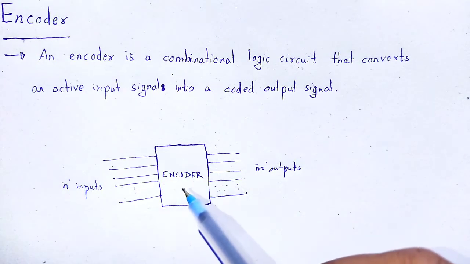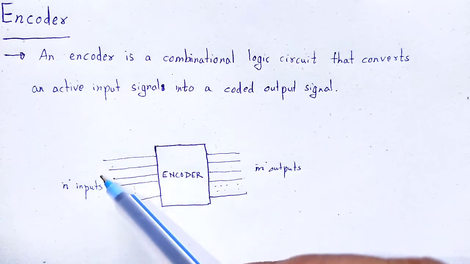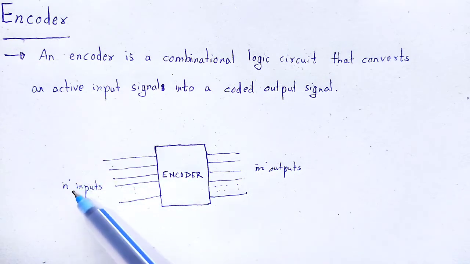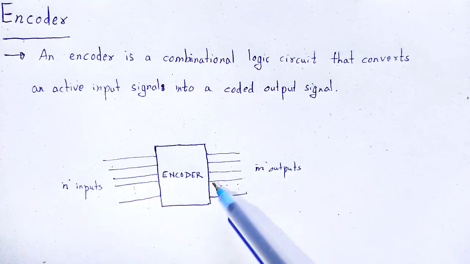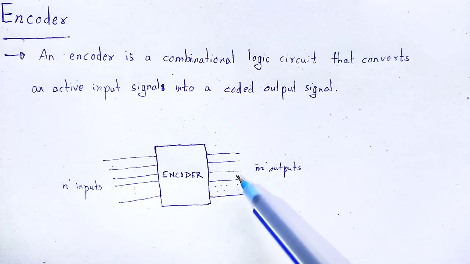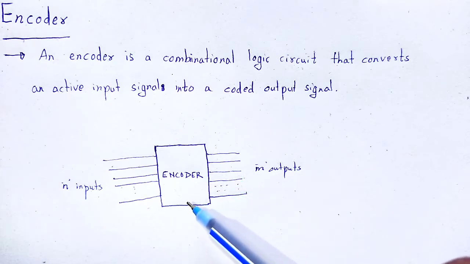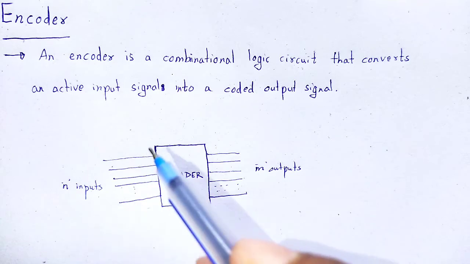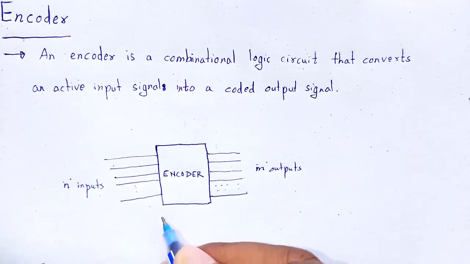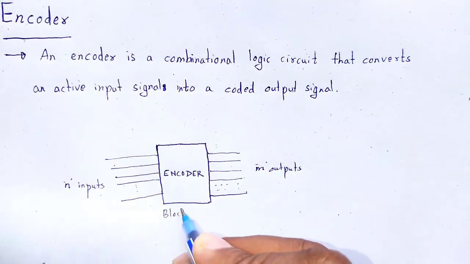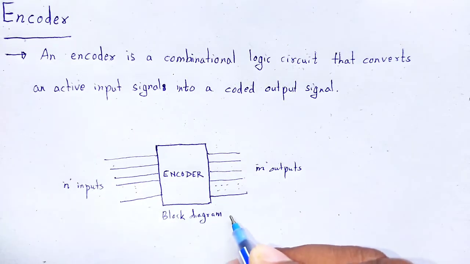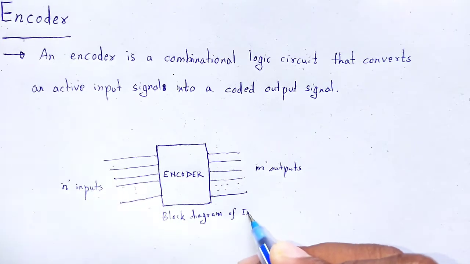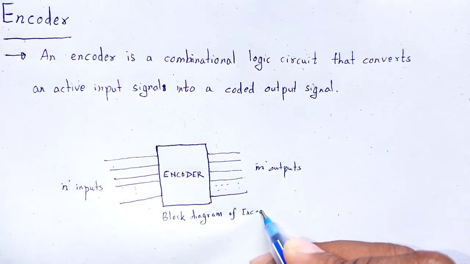The encoder has a number of input lines and many output lines, and the output lines give the binary code for a given input value. This is the block diagram of an encoder.